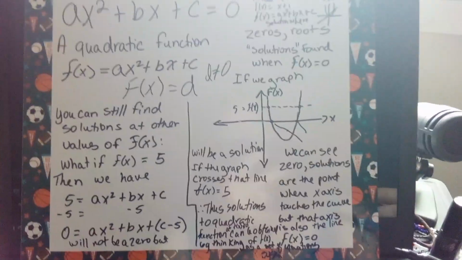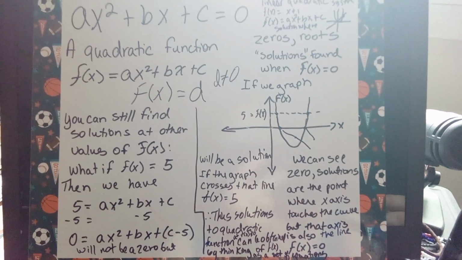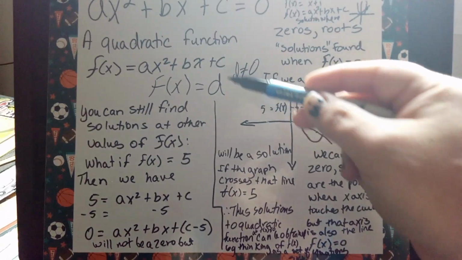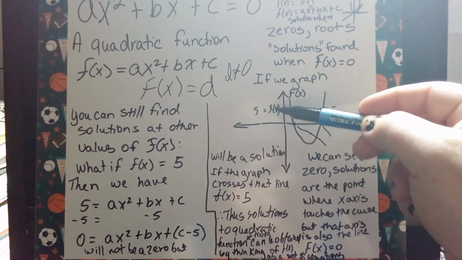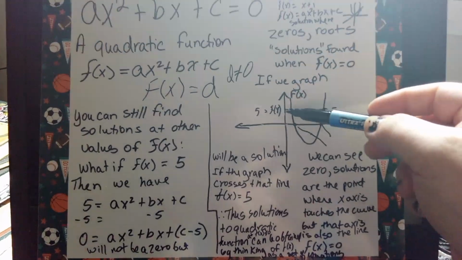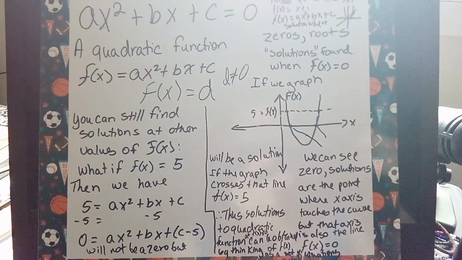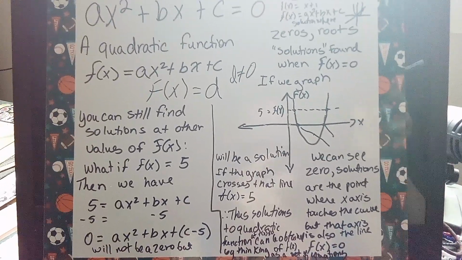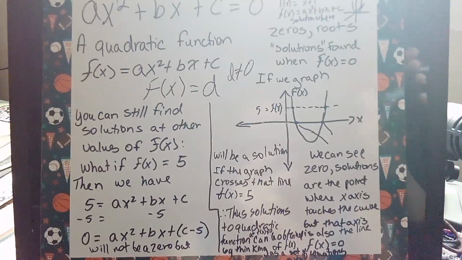Yeah, it's just something that's been bothering me. When I look at possible solutions for a quadratic function, by setting f of x, I'm just setting up that particular line and seeing whether that line gives me a solution. Will that line touch the graph?